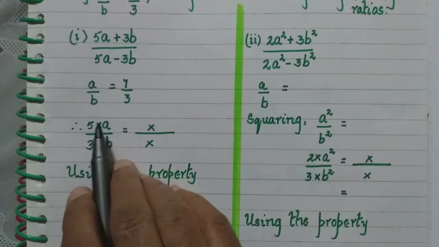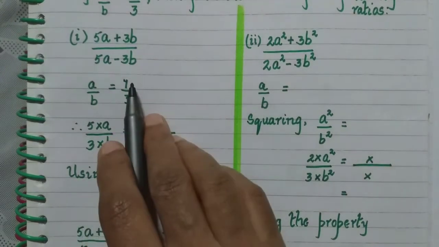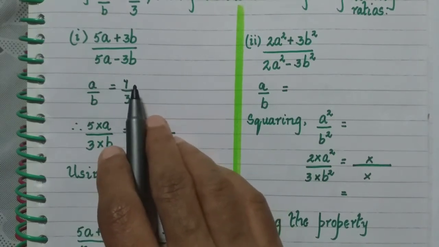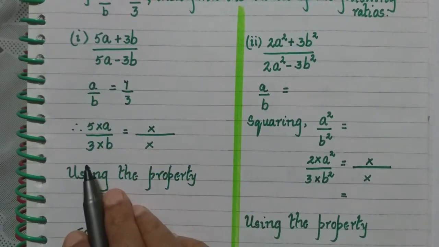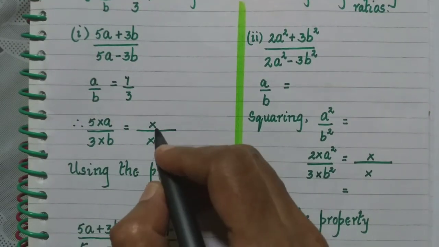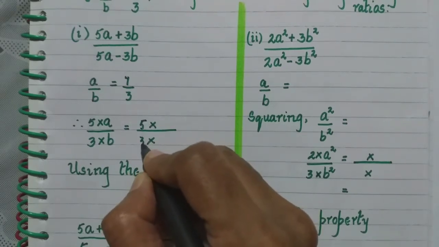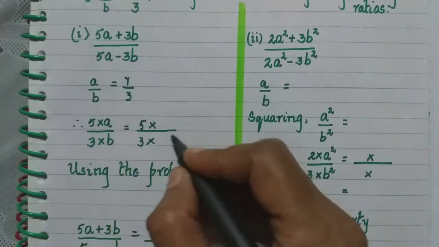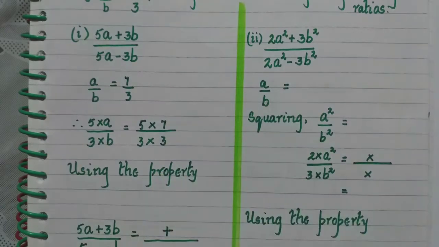I am multiplying 5 into a upon 3 into b. So likewise, here also we multiply the numerator by 5 and the denominator by 3. So this becomes 5 into, and here 3 into, what was a by b? 7 by 3. So we write 7 by 3.